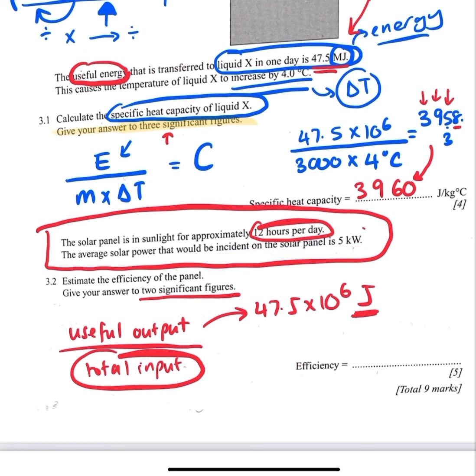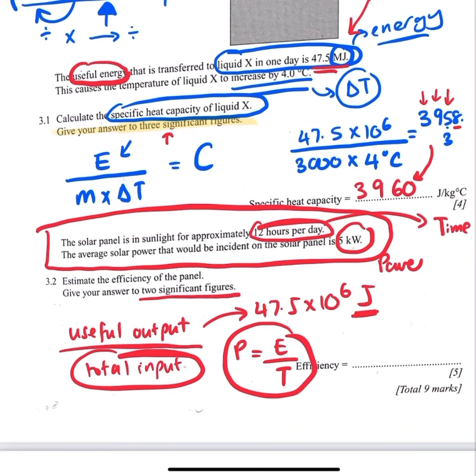We've been given the power, and we've also been given the time. What equation links power and time together? Power equals energy over time. Okay, so remember this, power equals energy over time. Joules per second is the same as watts.